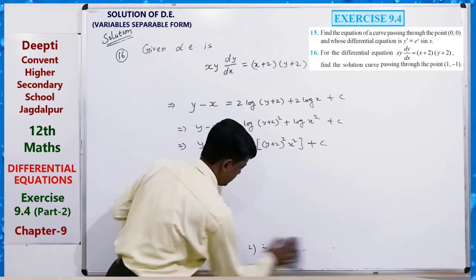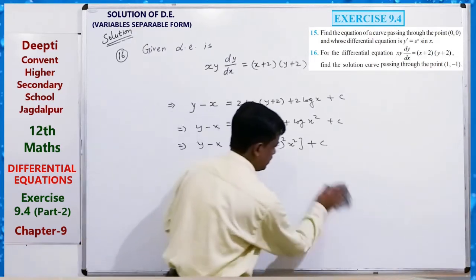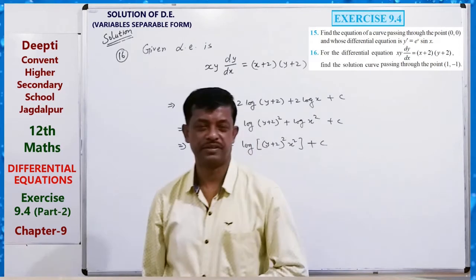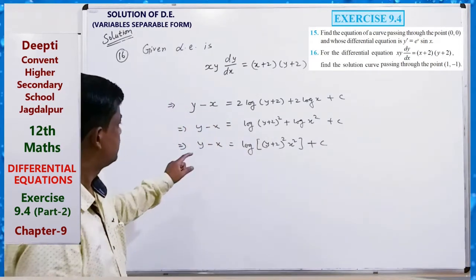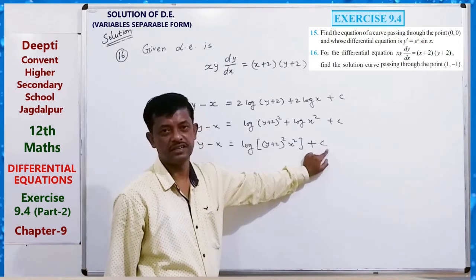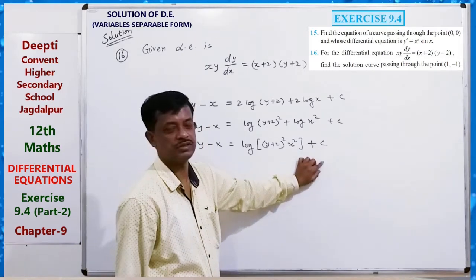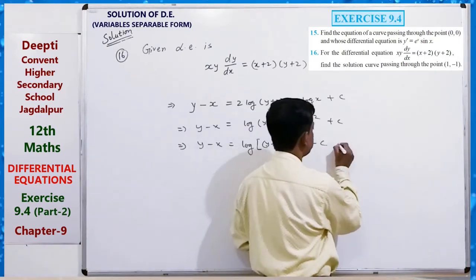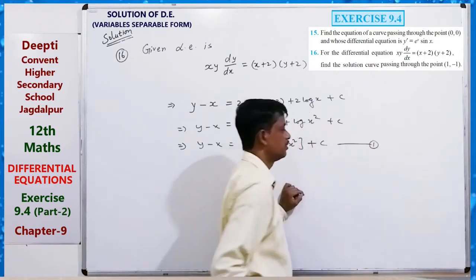Clear? This is our general solution, y minus x equal to this, where c is a constant. So we have to find the value of this constant by using the condition.